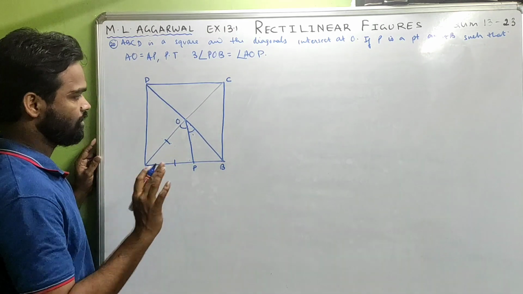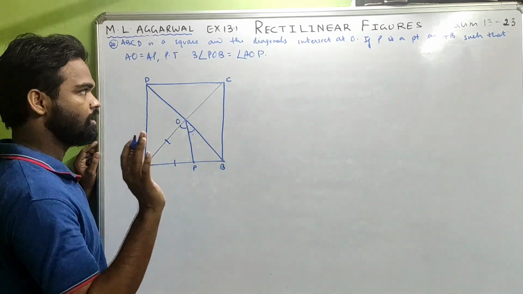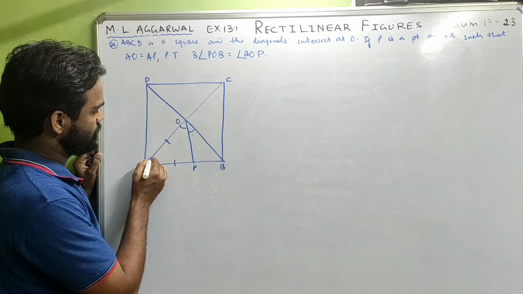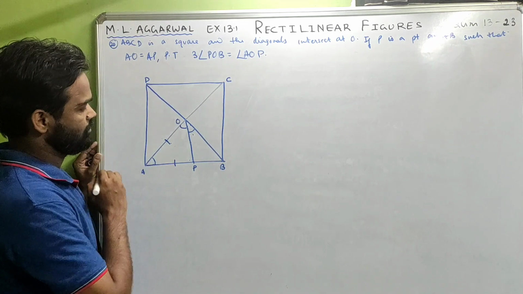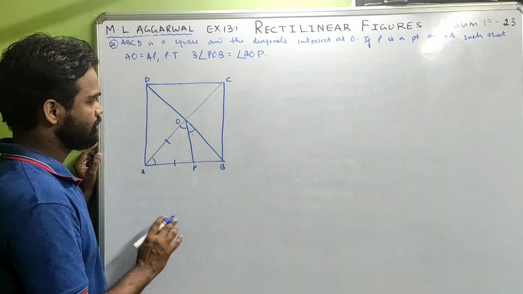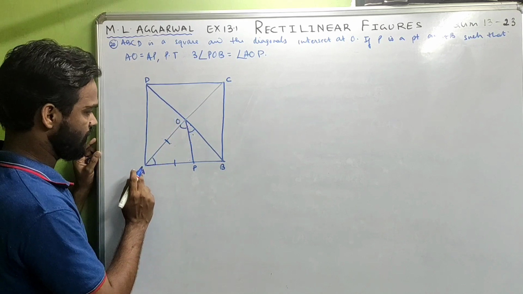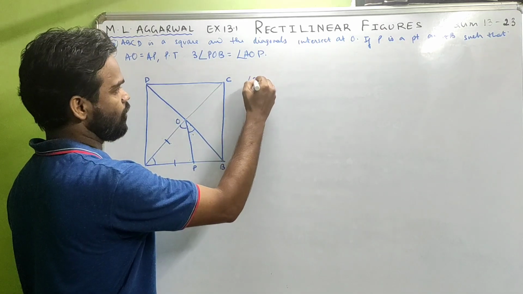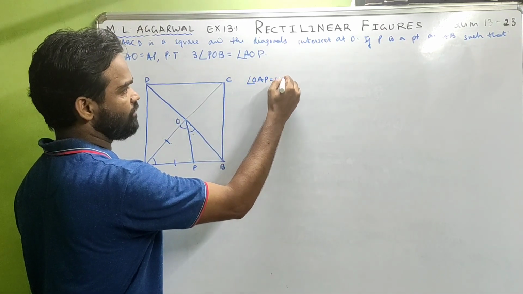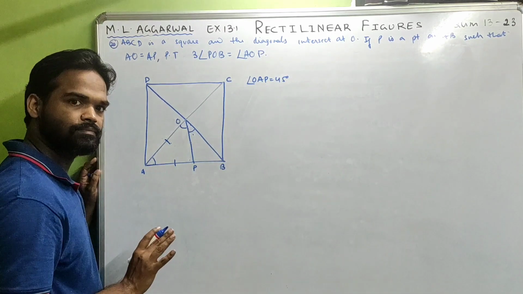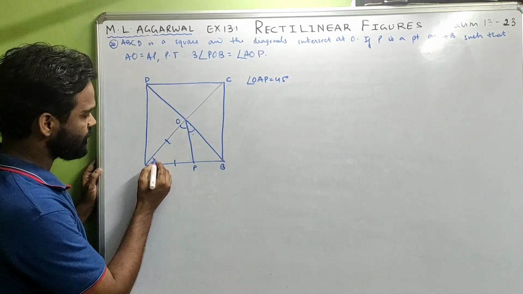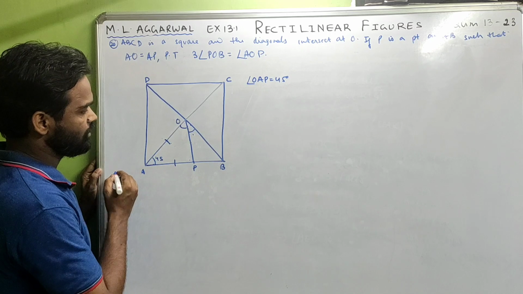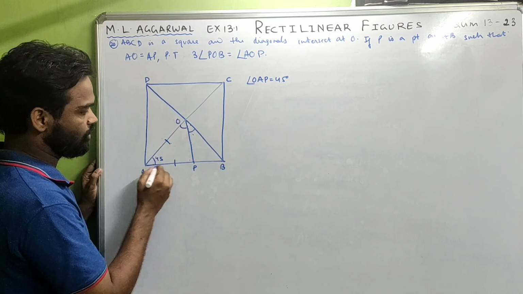Very easy. Now we know in the square this angle is 45 degrees. So angle OAP is 45 degrees. No doubt in that. Now AO is equal to AP.